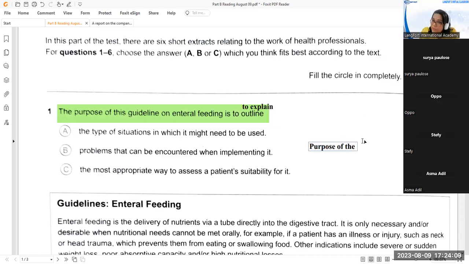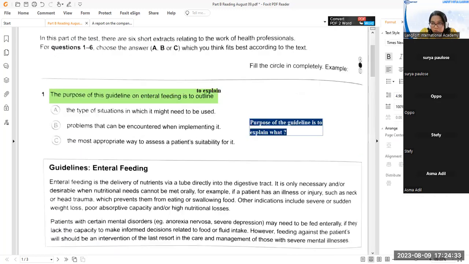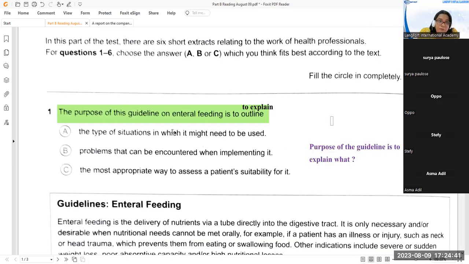We need to find out the purpose, but the purpose is to explain what. All of you look at the question, look at the interpretation. We need to find out the purpose. The purpose is explaining what.